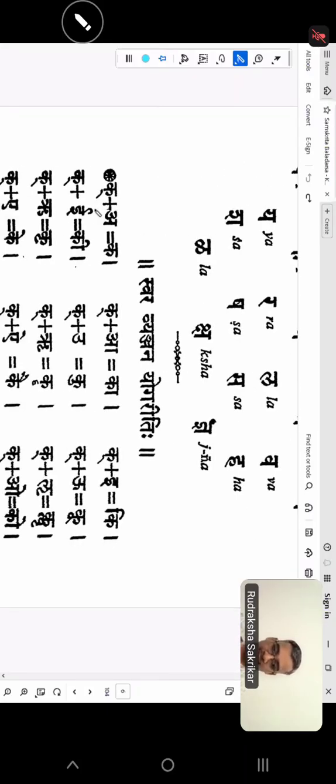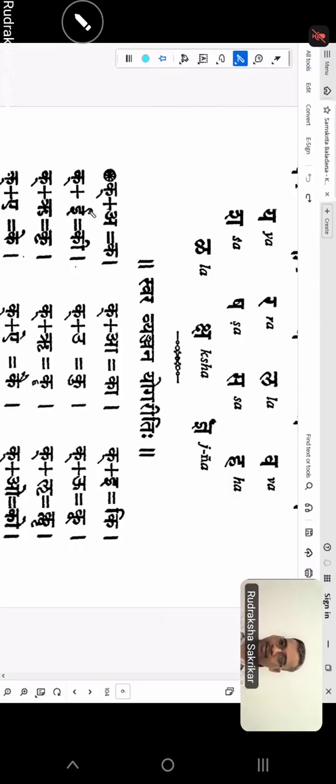And whenever this sign is given, which we are calling halanta, the vertical line that symbolizes a is being cut.